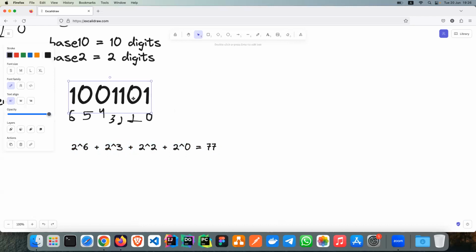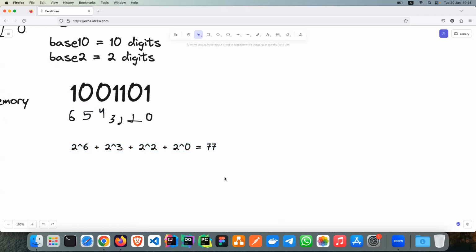So our takeaway from here is that this number in binary notation is 77 in decimal notation.